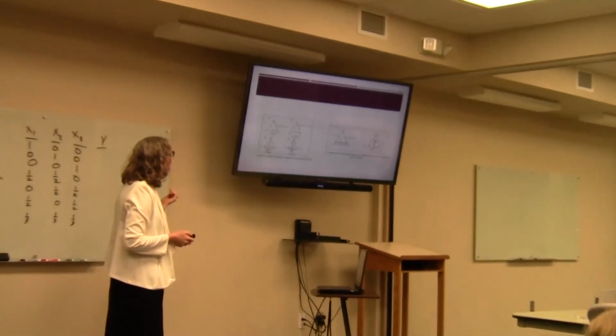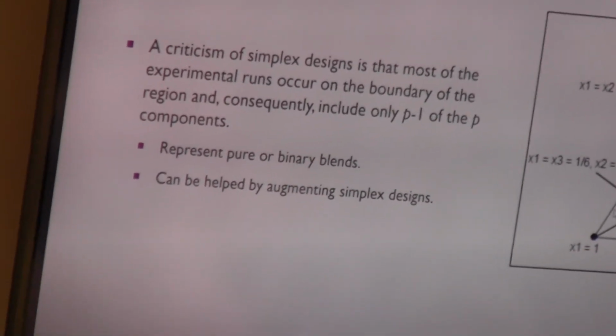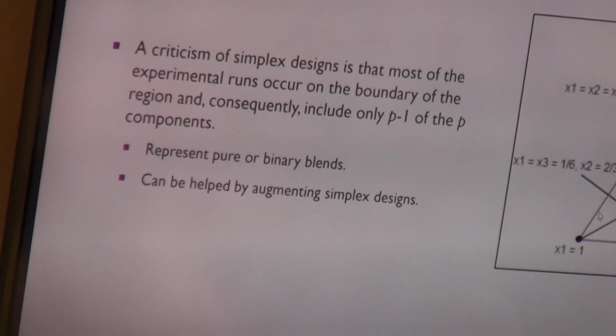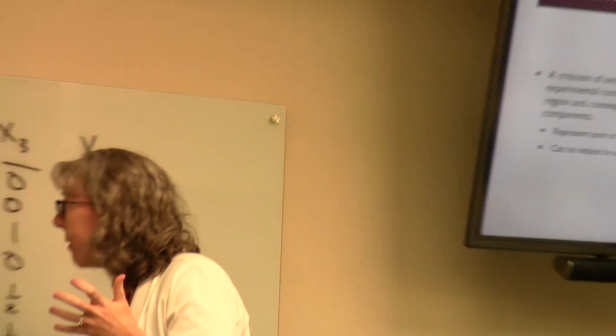I don't know that there's anything really to add to that. You can also augment the simplex design. Let's say you want a little bit more information. Augmenting, we've talked about that before. If you want to augment to get more information outside of the cube of the design space that we've talked about in previous classes.